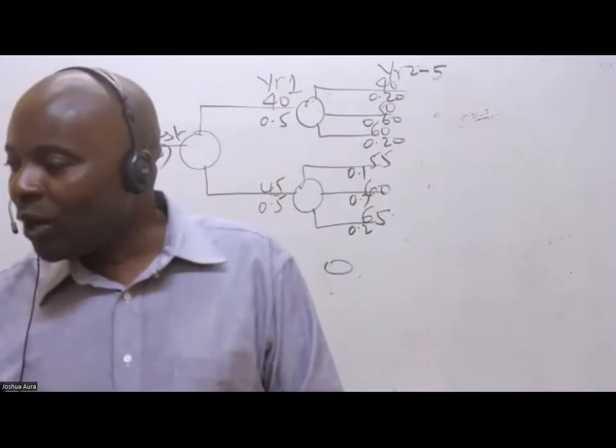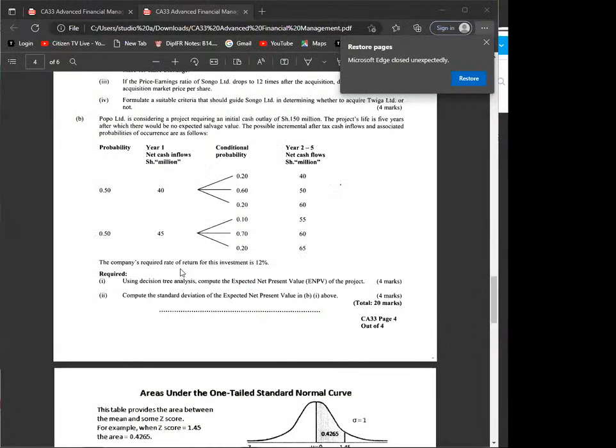How can you as an examiner at this level, this is not the financial management of intermediate level, this is advanced financial management, give students the cost of capital directly? As an examiner at this level, give students the risk-free rate of return and the expected return of the market.